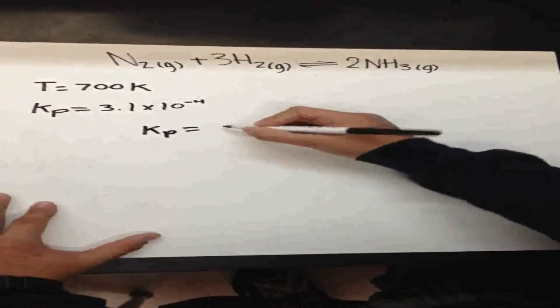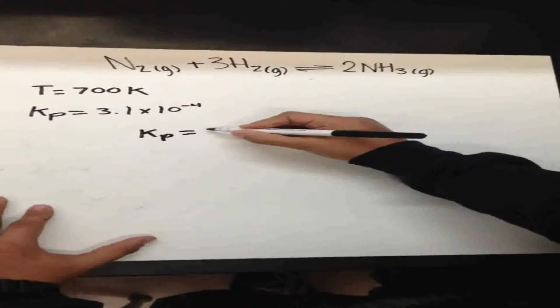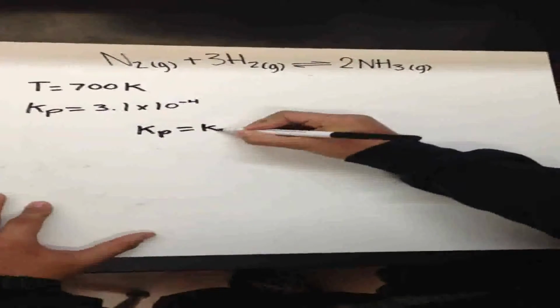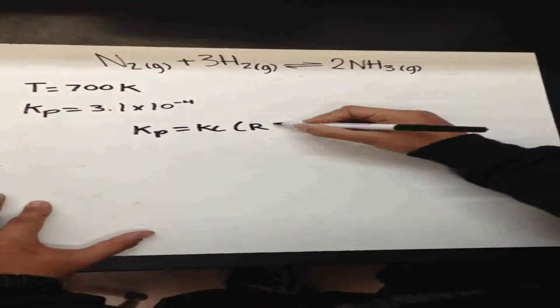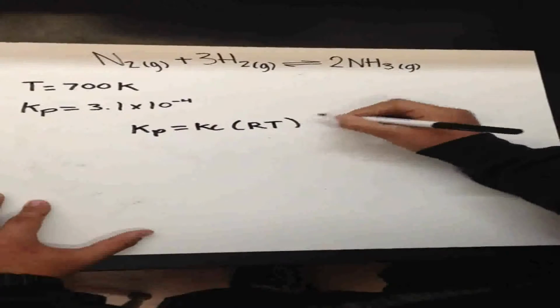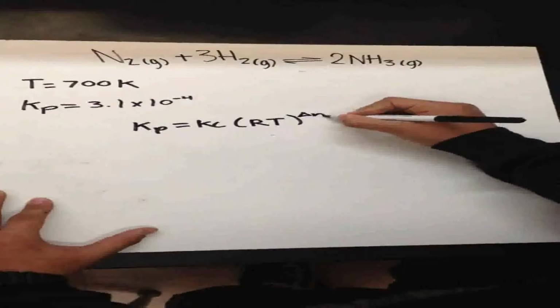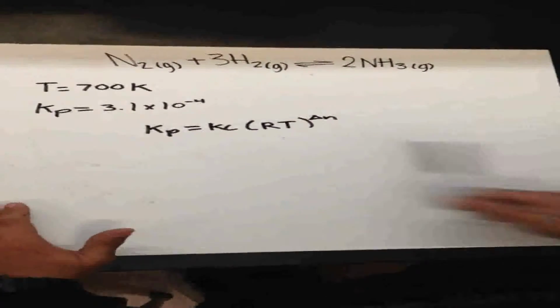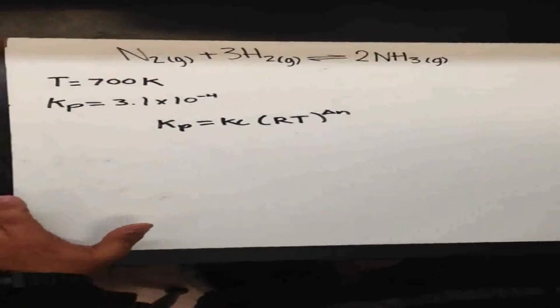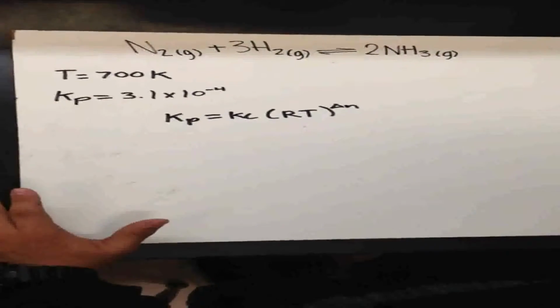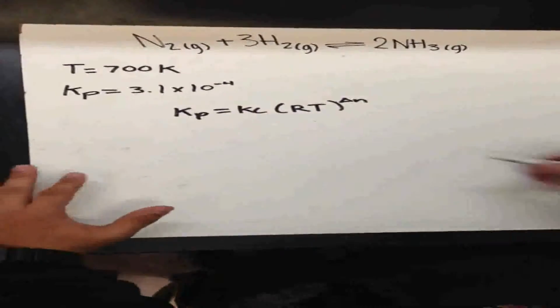That was yellow. It's on both. Now, we are trying to find the Kc, so we need to manipulate this equation so that Kc is going to equal what we're going to get.